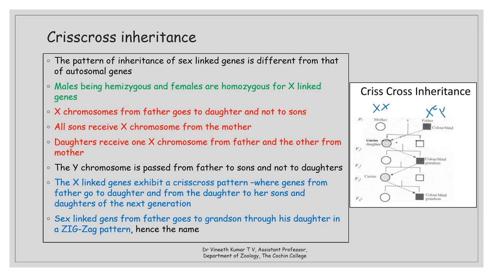The father will contribute his X chromosome to the daughter. In genetics, circles usually represent females and squares usually represent males. To show an affected individual, it will be in solid color. A carrier means that person has the diseased gene but it is not expressed.